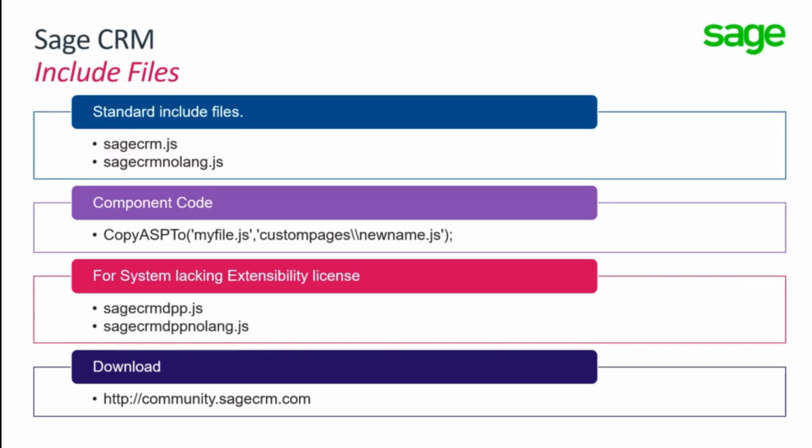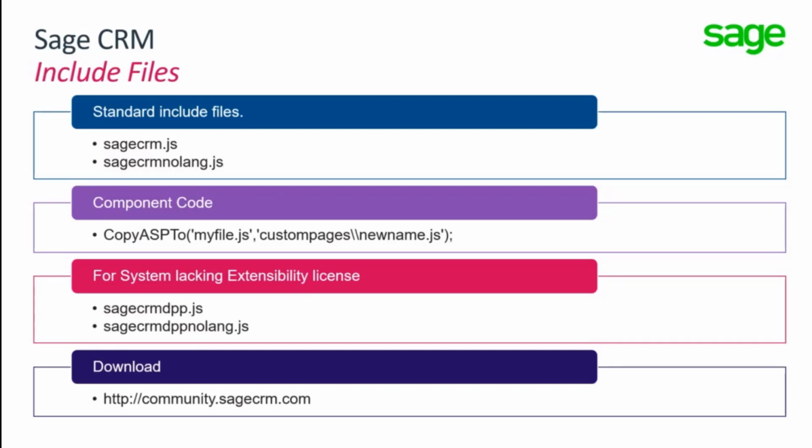You can get around that by copying the files, having those files added in so that they can be copied in. But if the target system lacks an extensibility license, then you'd need to ensure that you had the correct version of the include files that were needed for that system.